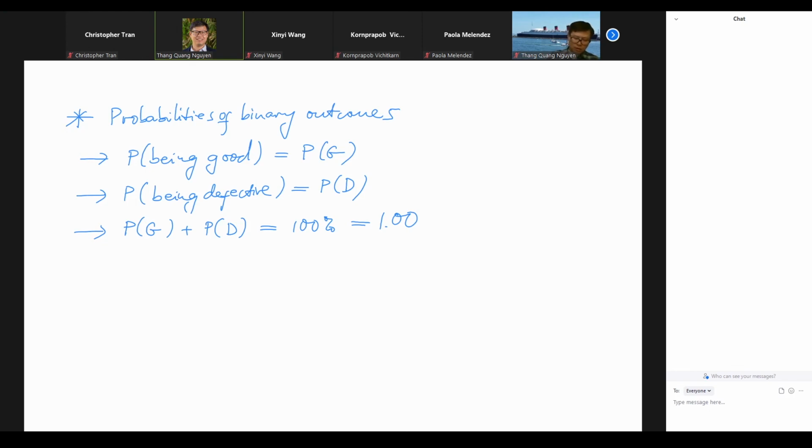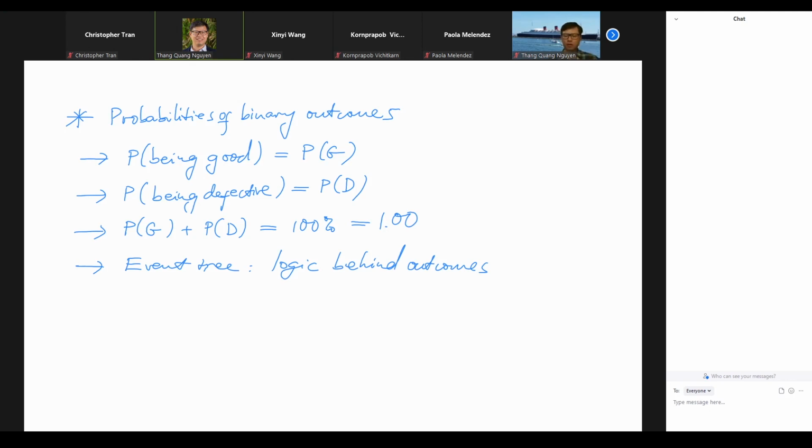And to do this, we have to use the event tree, because it shows us the logic behind the outcomes. We say that outcome is bad or defective, or we say that outcome is good.